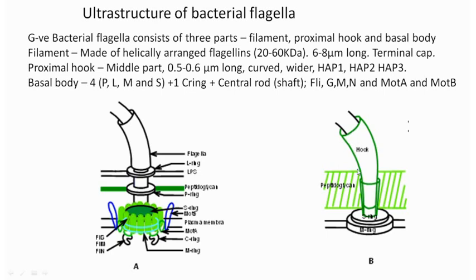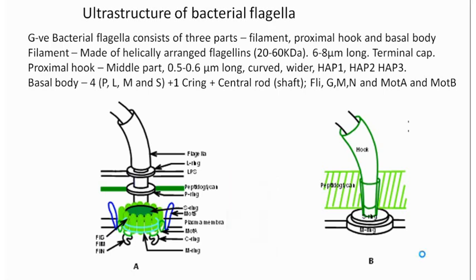So this is a sort of flagellum. This is another kind of flagellum called endoflagella or periplasmic flagella, and it is a special characteristic of the spirochaete bacterium, and it helps in spiral rotation.